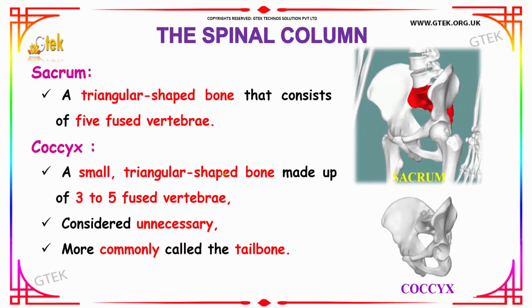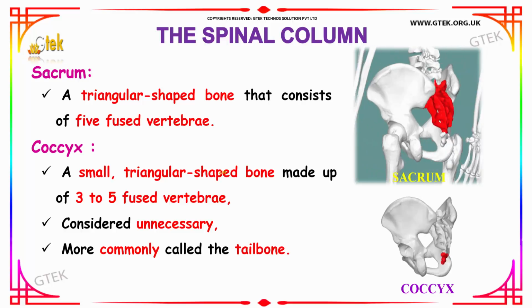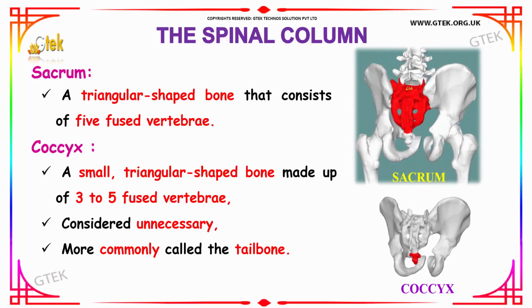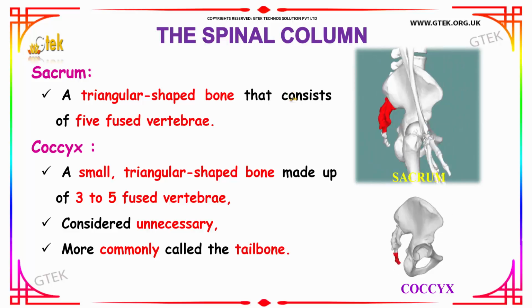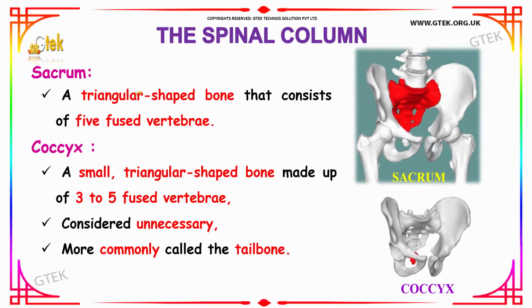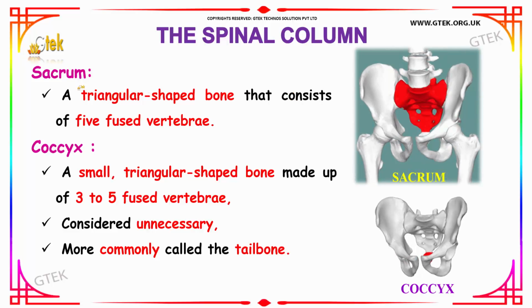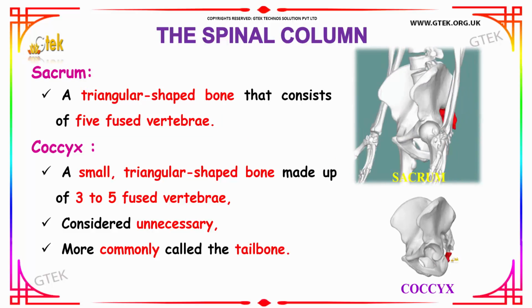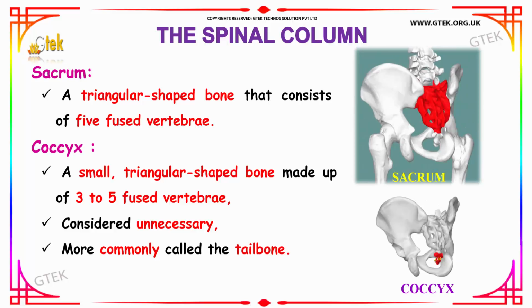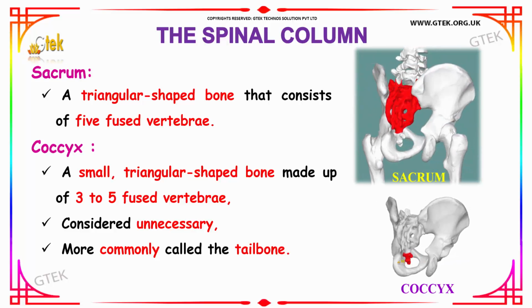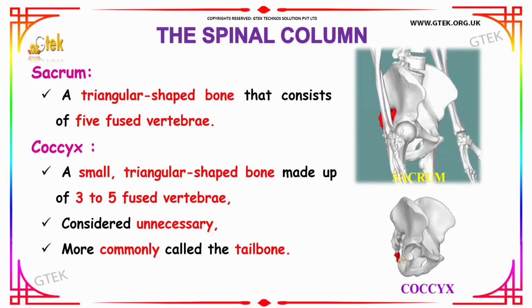The sacrum, which is found in the end of your vertebral column, is triangular shaped, and it consists of 5 fused vertebrae, whereas your coccyx is found at the endmost of your vertebral column.